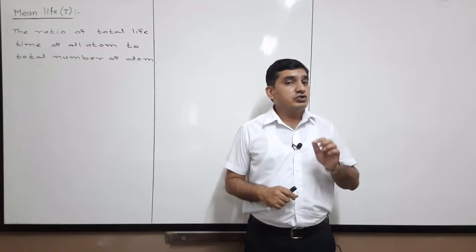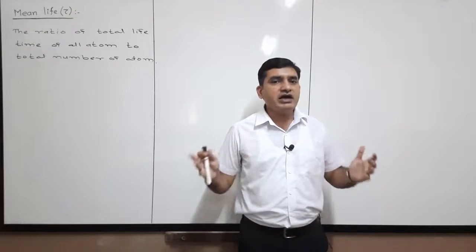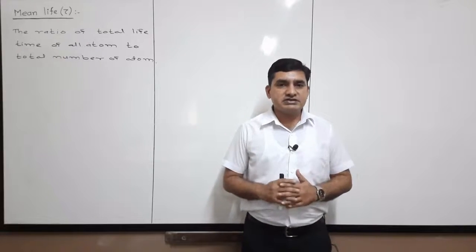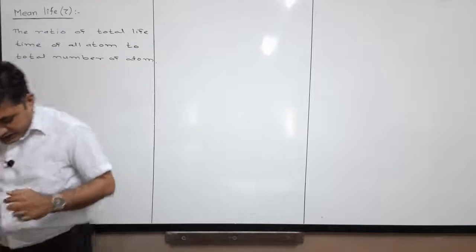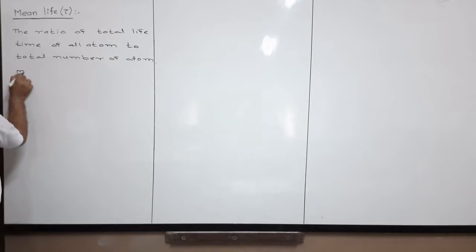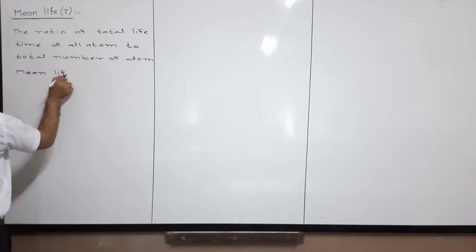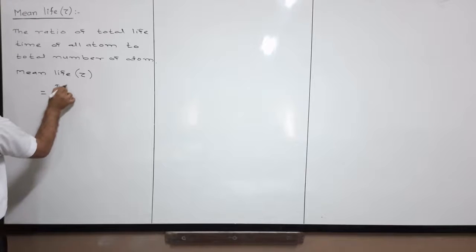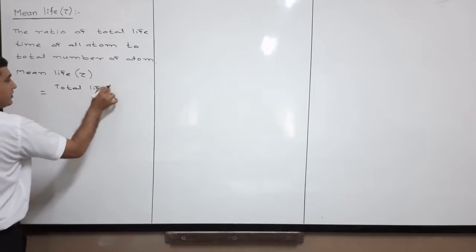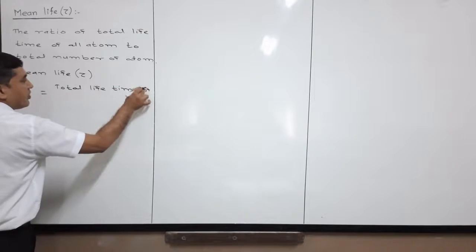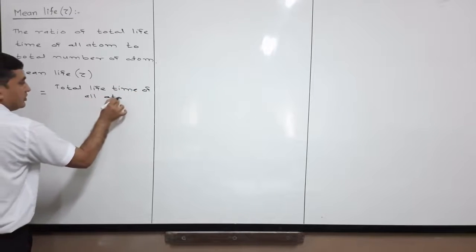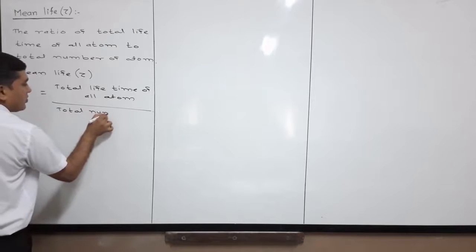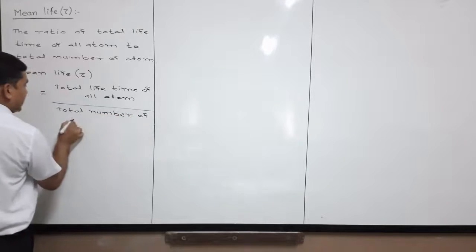The ratio of the total lifetime of all atoms to the total number of atoms is known as mean life, and therefore mean life, which is denoted by tau, is equal to the total lifetime of all atoms to the total number of atoms.